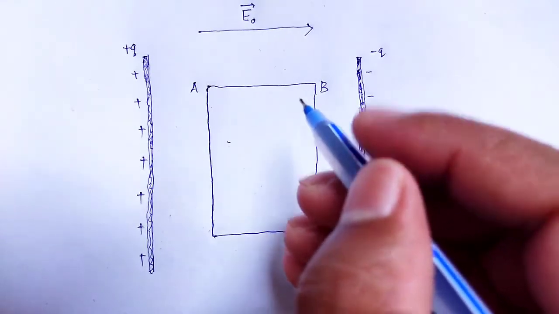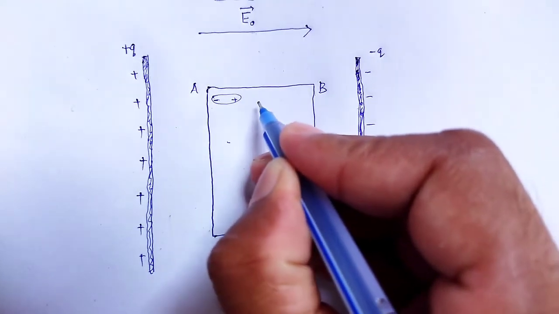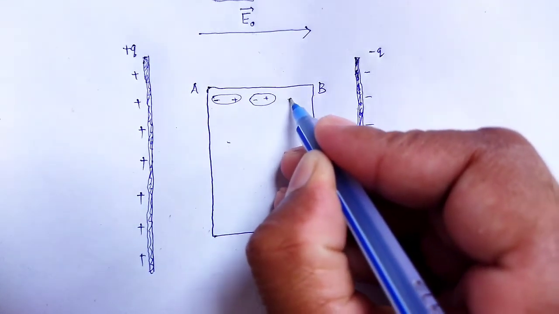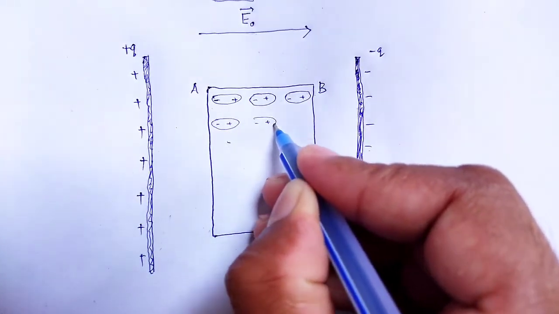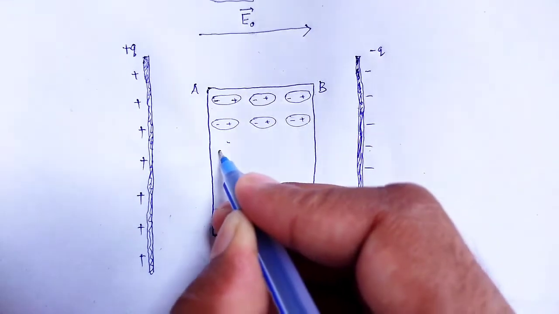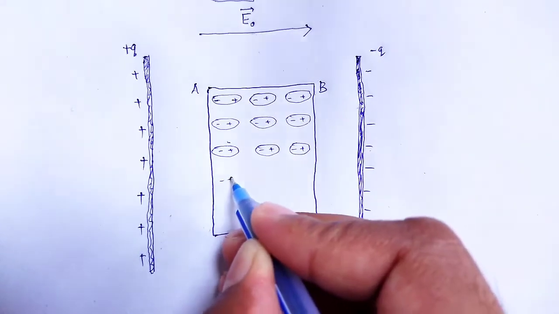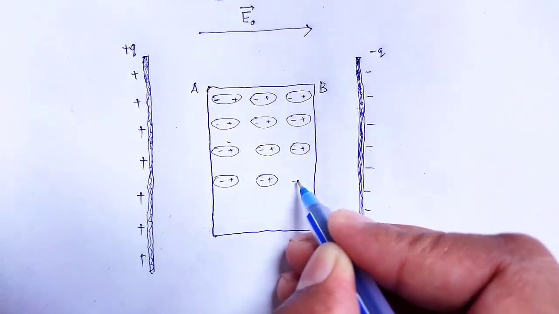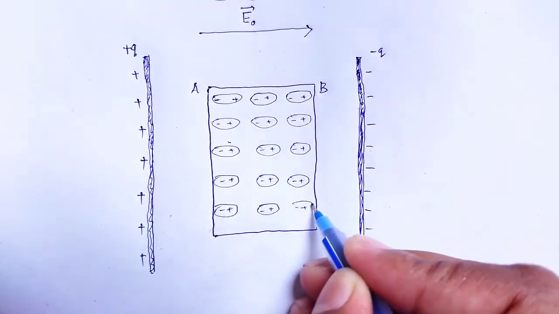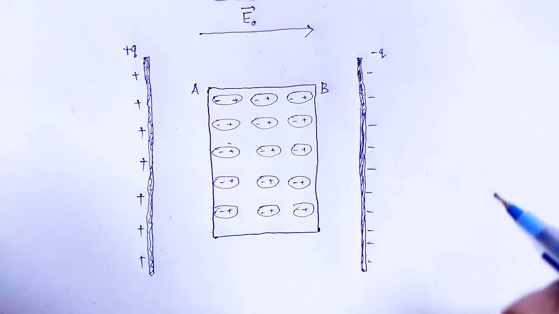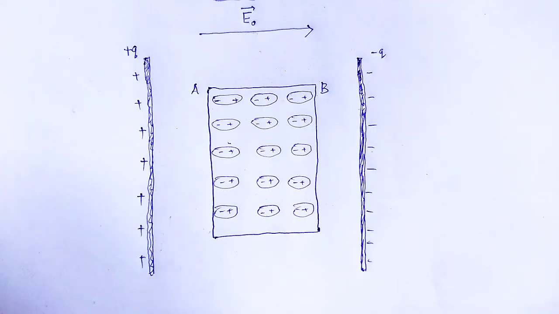So, look here, the dipoles are organized like this: negative positive, negative positive, negative positive. These are the dipoles in polar molecules that break down, and the situation is the same for polar and non-polar.